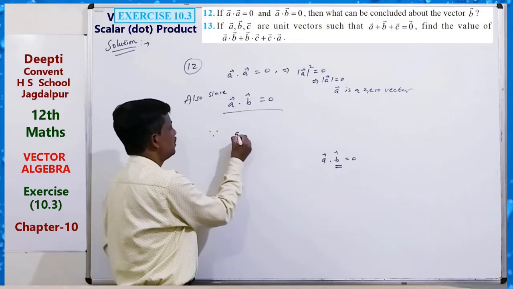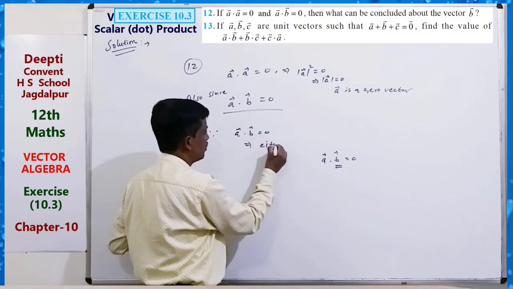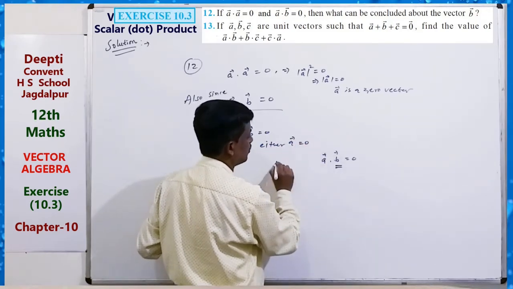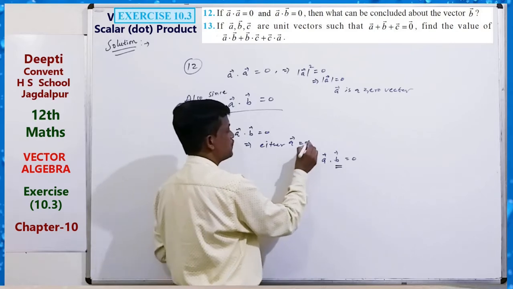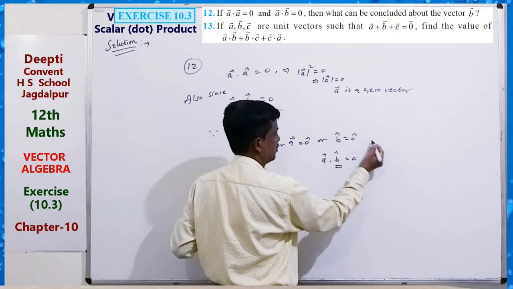Since A dot B equals 0 implies either A equals 0 vector or B equals 0 vector.